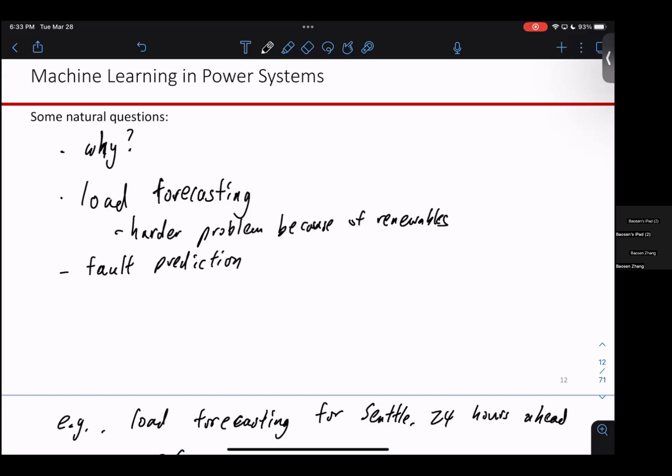So if you can proactively do some fault prediction, that will be useful. If we know there's a storm coming, can we be more predictive about where the power outage is likely to be? Right now, we just station crews somewhere and then wait until people call. So we try to be a little bit more proactive. Okay. Any questions about the fault?